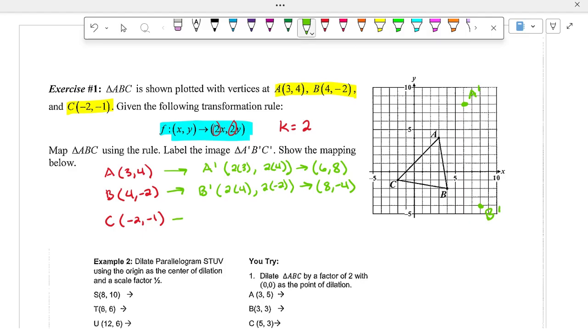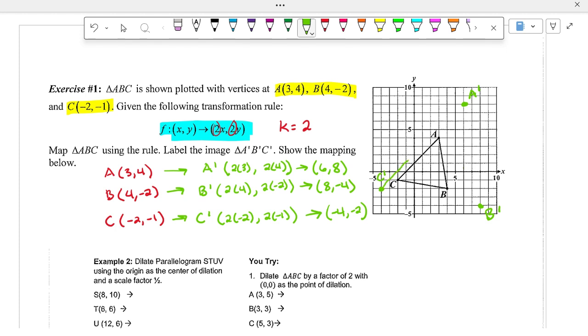C prime, same thing. Just multiply it by 2. So we're doing 2 times negative 2, 2 times negative 1. So what's my new point? Someone who has not talked yet. Negative 4 and negative 2. So right here.